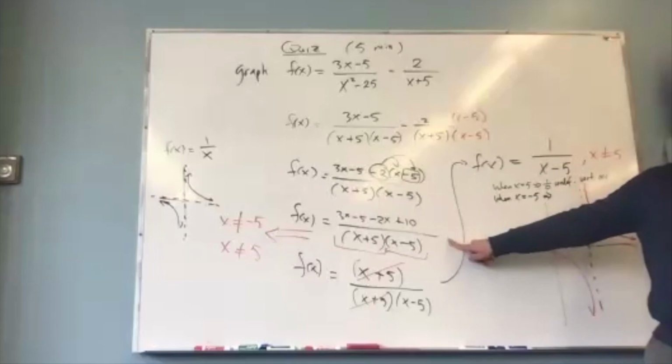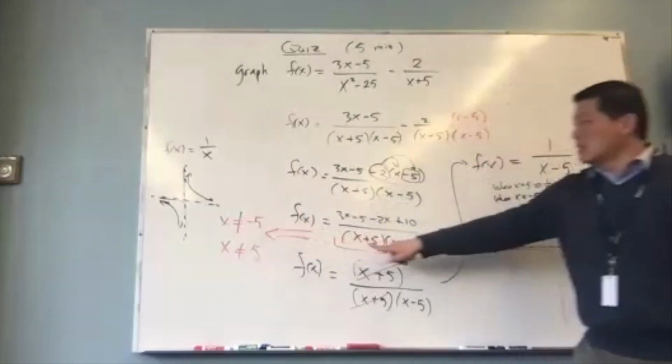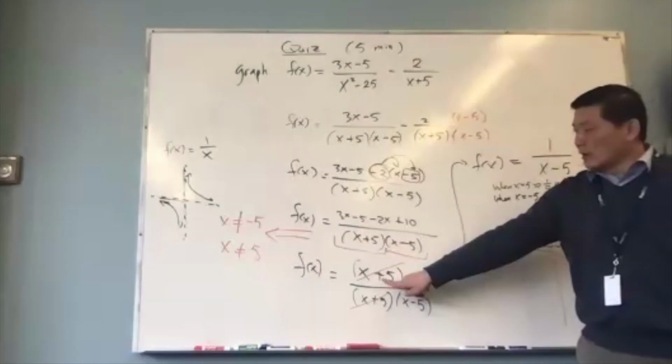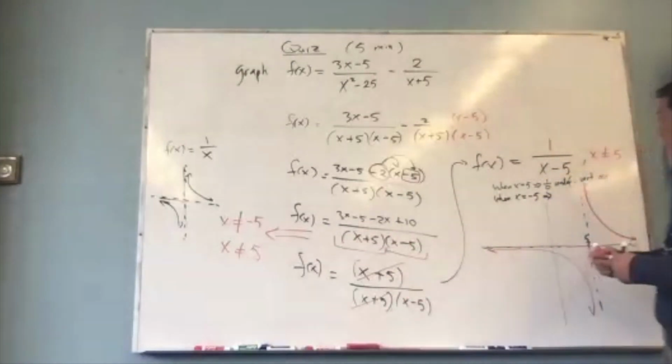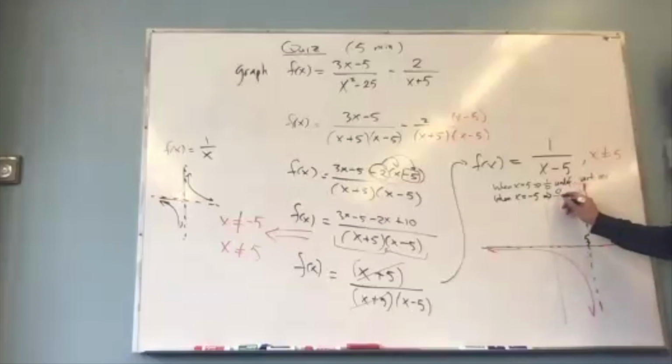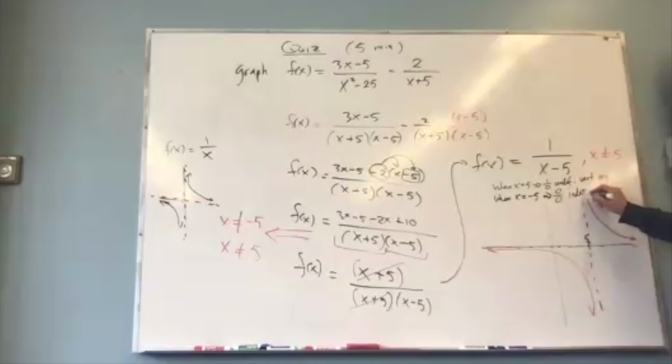So if I go back to this one and put negative 5 in here, I will end up with 0 over 0, isn't it? I will end up with 0 over 0, which is what we call indeterminate, which gives me an open circle.